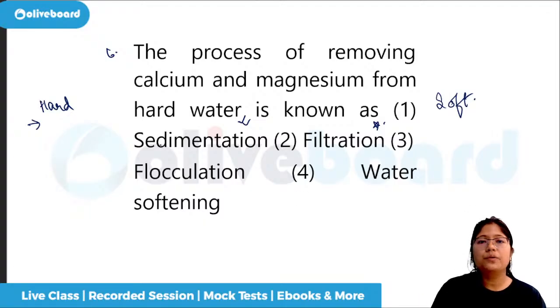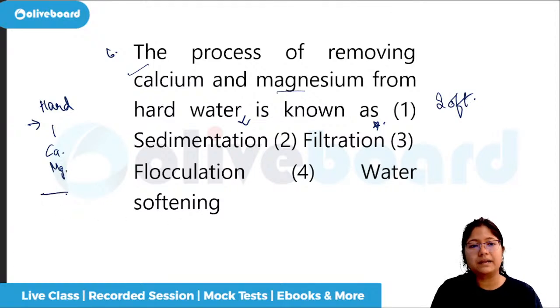So the process of removing the calcium and magnesium from the hard water needs to be done, because after that it will be better for the industrial use, and even for the simple use of soap also.